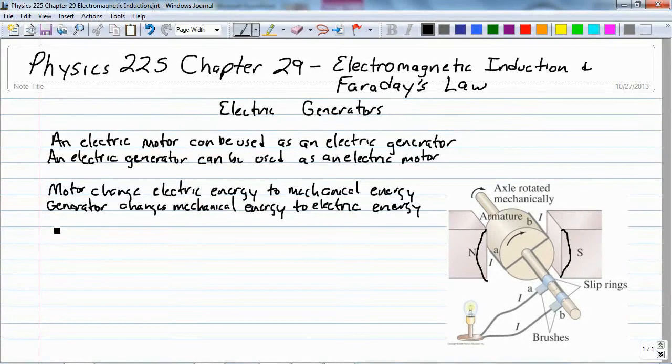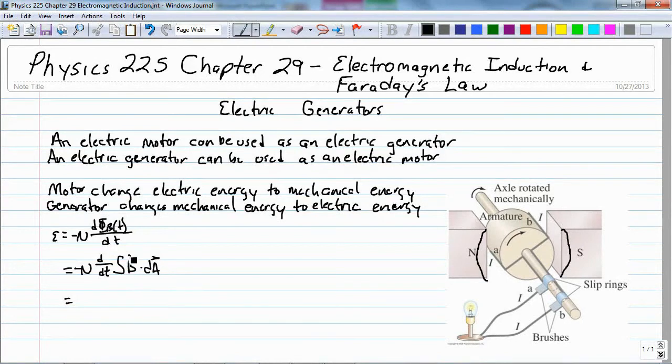So let's start with Faraday's law: the EMF equals negative N times the change in flux, and we can write this as negative N d/dt of the integral of the magnetic field B dot differential area dA.